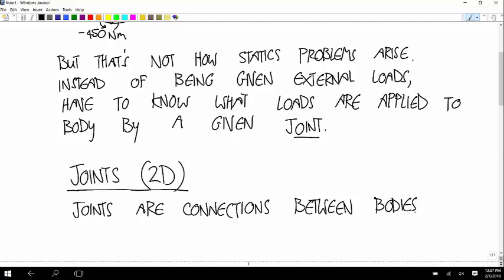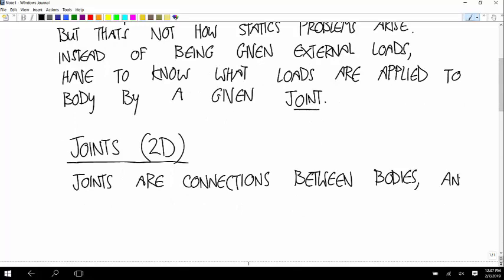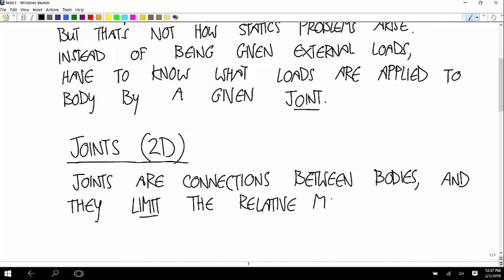Different joints do that in different ways. So they limit the relative motions allowed between bodies.